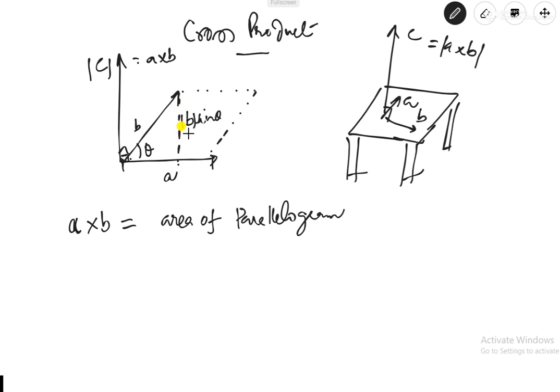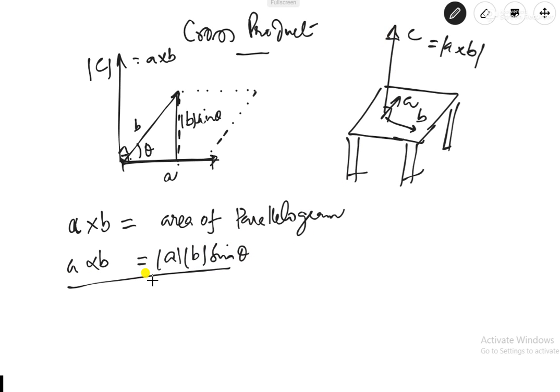If this is theta and this horizontal is one side, the area of the parallelogram is one side times the height, or altitude. This altitude is equal to B sin theta. So the area is equal to A into B sin theta. This is A cross B of the two vectors, and the direction is perpendicular to both.